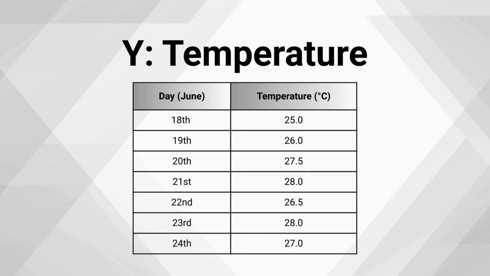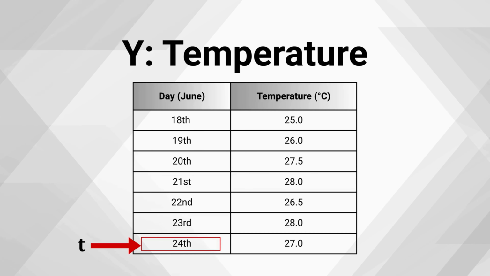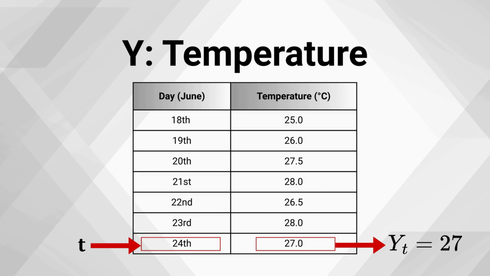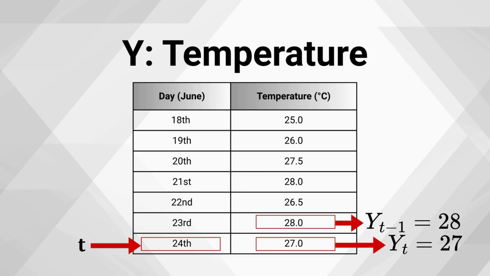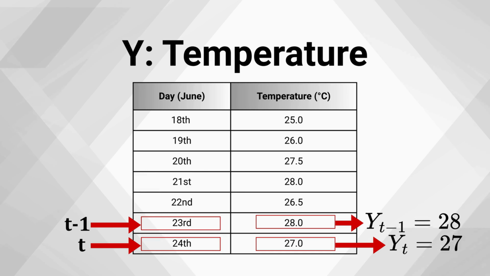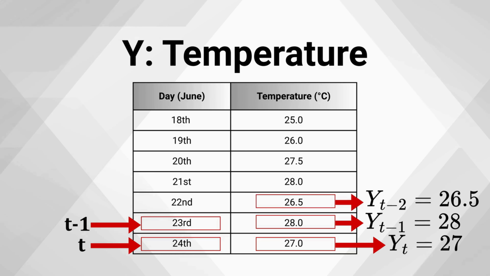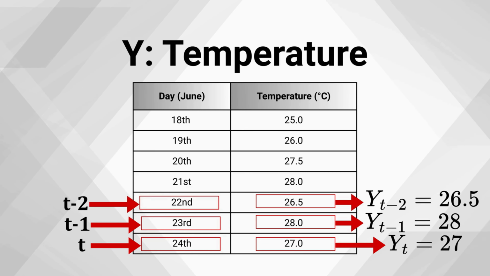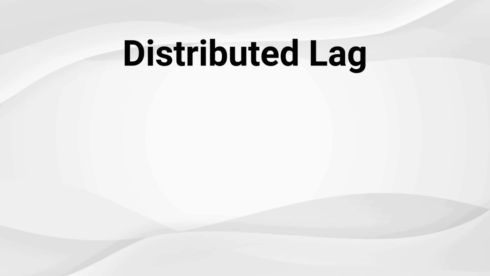Now, if our current period t is the 24th of June, then y sub t would be 27 degrees Celsius. And y sub t minus 1 is actually the day before, the 23rd of June, which was 28 degrees Celsius. Going back further, y sub t minus 2 is 26.5 degrees Celsius, which was the temperature on the 22nd of June.